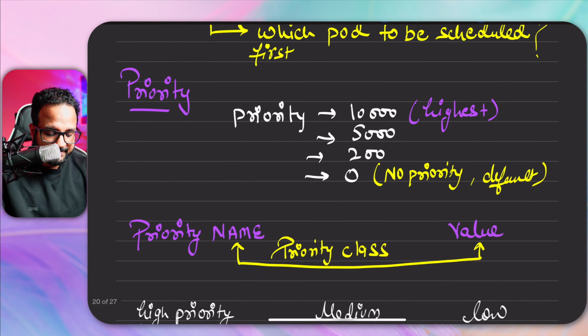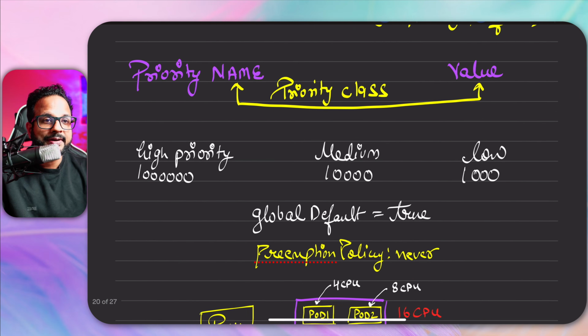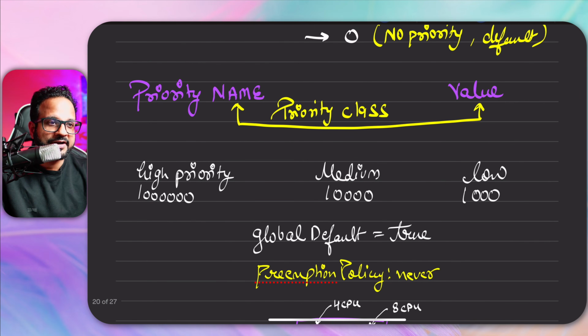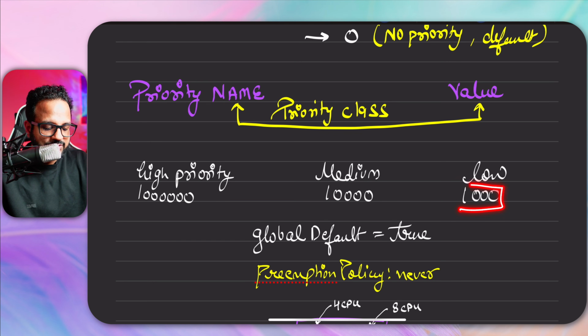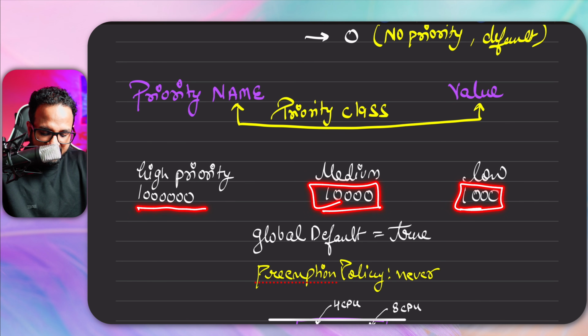Now to map a particular priority with a value, we create a priority class. What do I mean by that? Let's say we have three priorities. One is 1,000, another one is 10,000, and another one is 1 million.